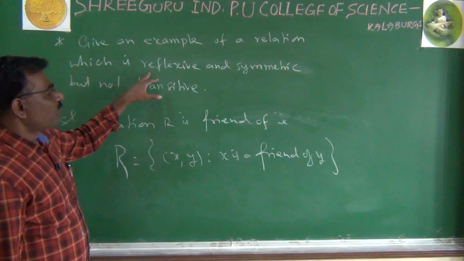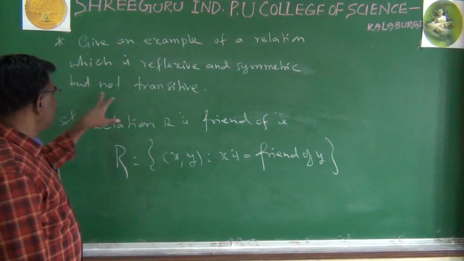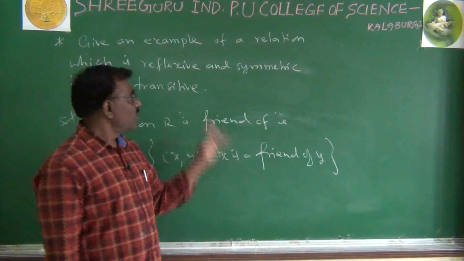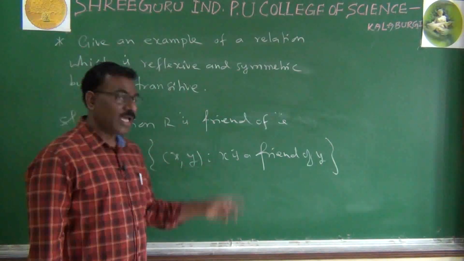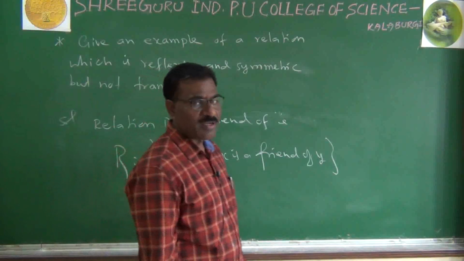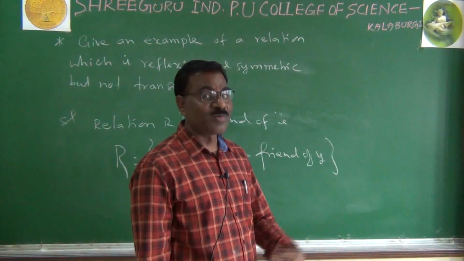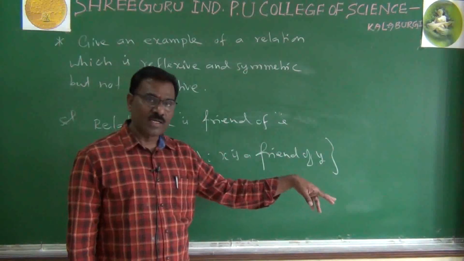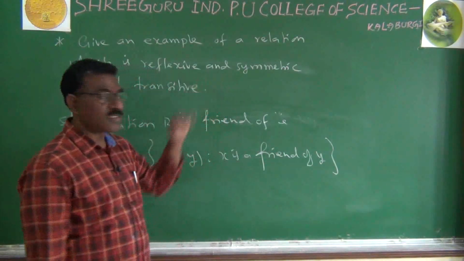Give an example of reflexive and symmetric, but not transitive. Definitely it is reflexive and symmetric, because X is a friend of X. A friend itself is a friend. It's always reflexive. X is a friend of Y, Y is a friend of X. It is symmetric.